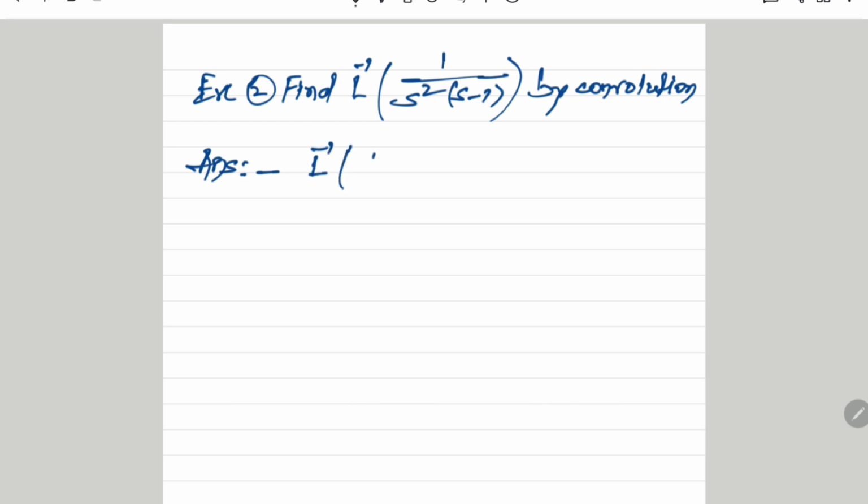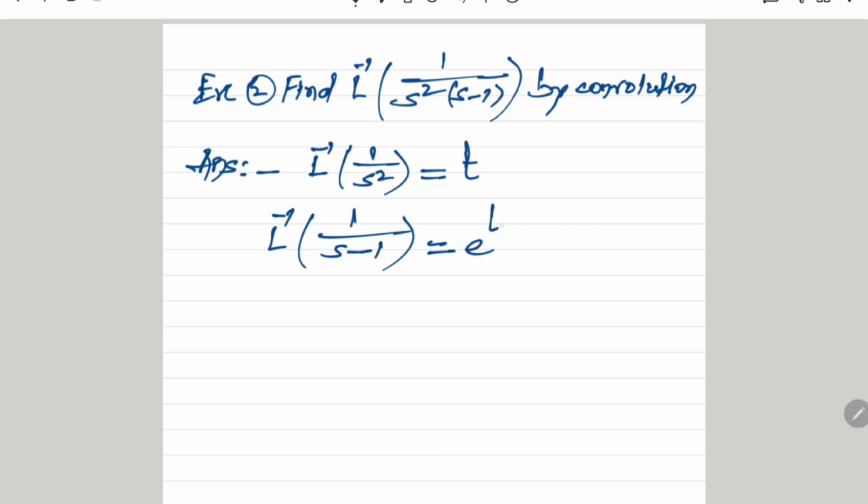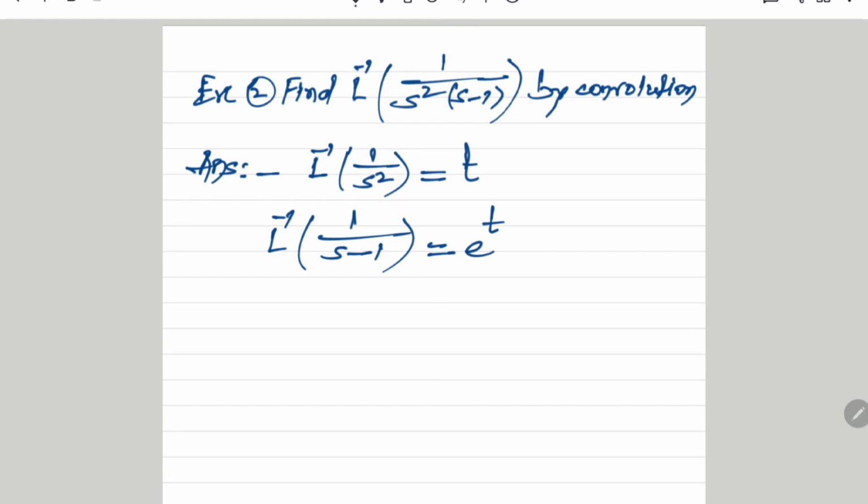Inverse of the first term 1 by s square, standard result, its inverse is t. Inverse Laplace of 1 upon s minus 1, again standard result of inverse Laplace, it is e raised to at, a is 1, e raised to t.